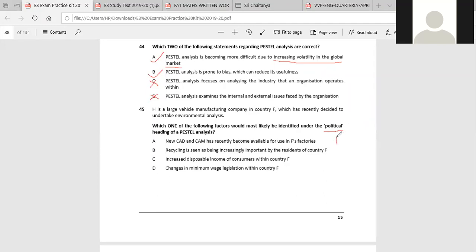B, recycling is seen as being increasingly important by residents of the country. So it is environmental, recycling.